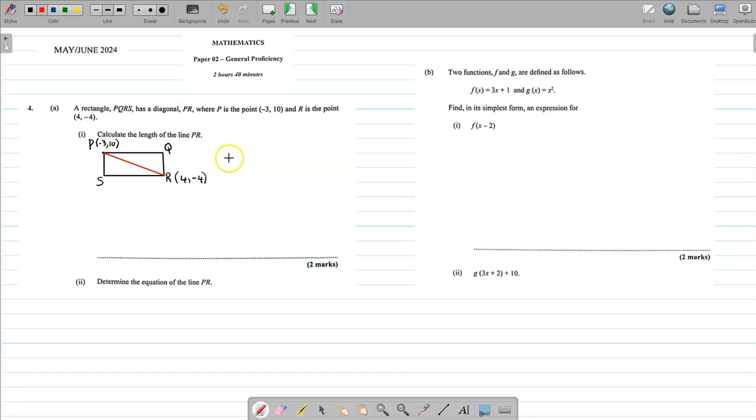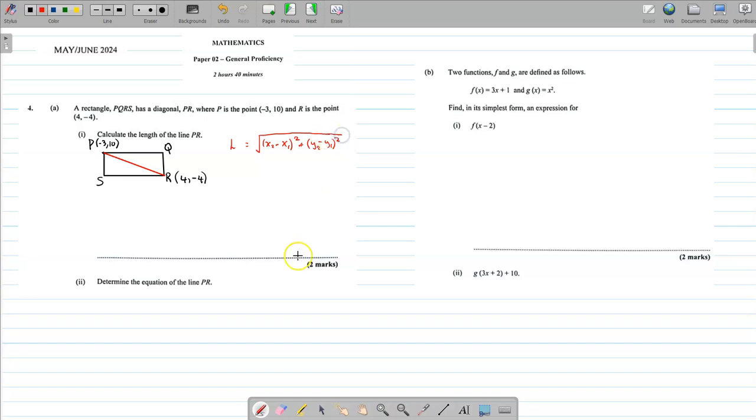The length L would be the square root of (x2 minus x1) all squared plus (y2 minus y1) all squared.